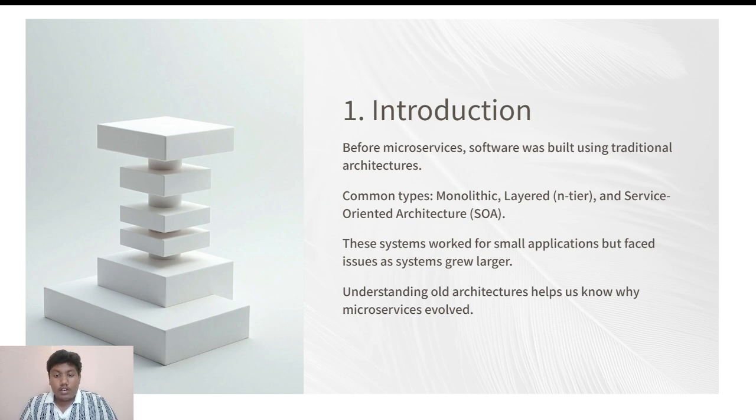These architectures are very efficient for small applications, but as a system becomes large and more complex, they started facing issues like scalability, flexibility, and maintenance problems. In this presentation, I will explain the major architectures that existed before microservices and how they evolved over time.